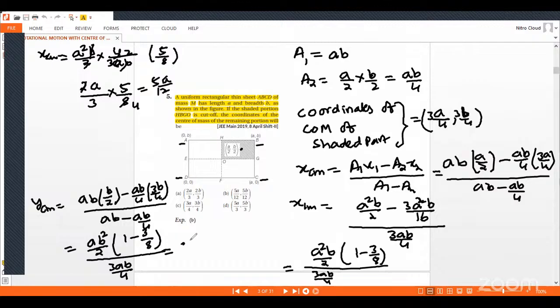So AB square by 2 into 4 by 3AB times 5 by 8. Okay, fine. This is also equal to 5B by 12. That is second option.